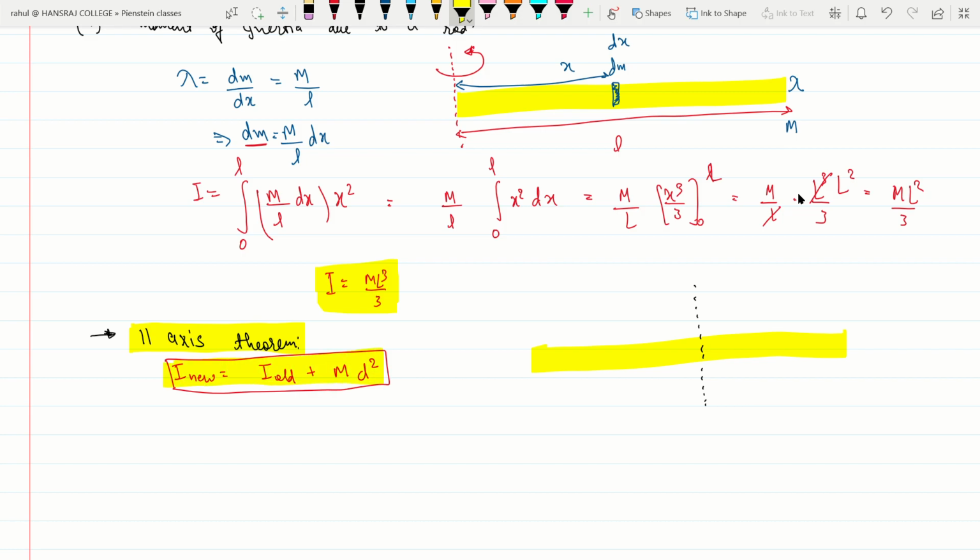So suppose we are shifting the moment of inertia from the one end to the middle. So this distance will become L upon 2.